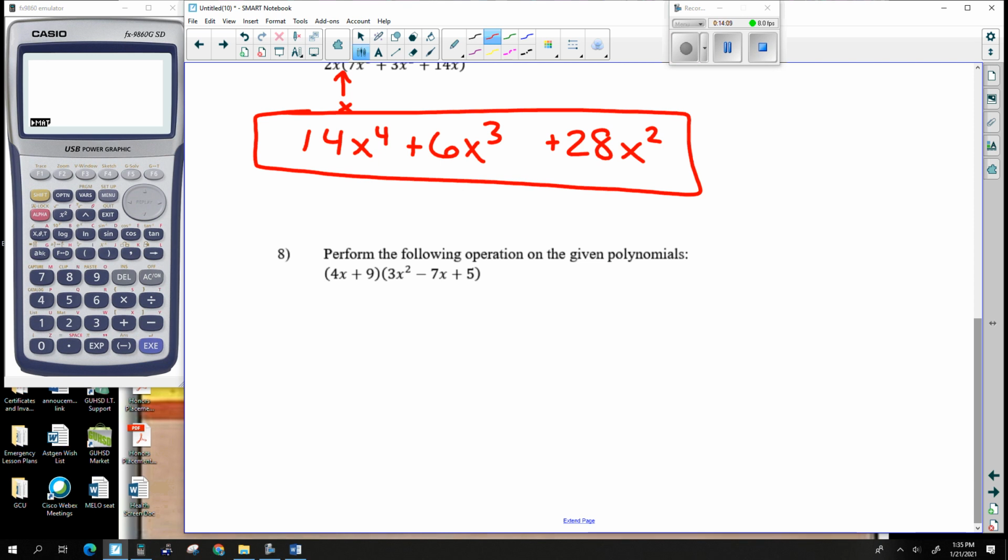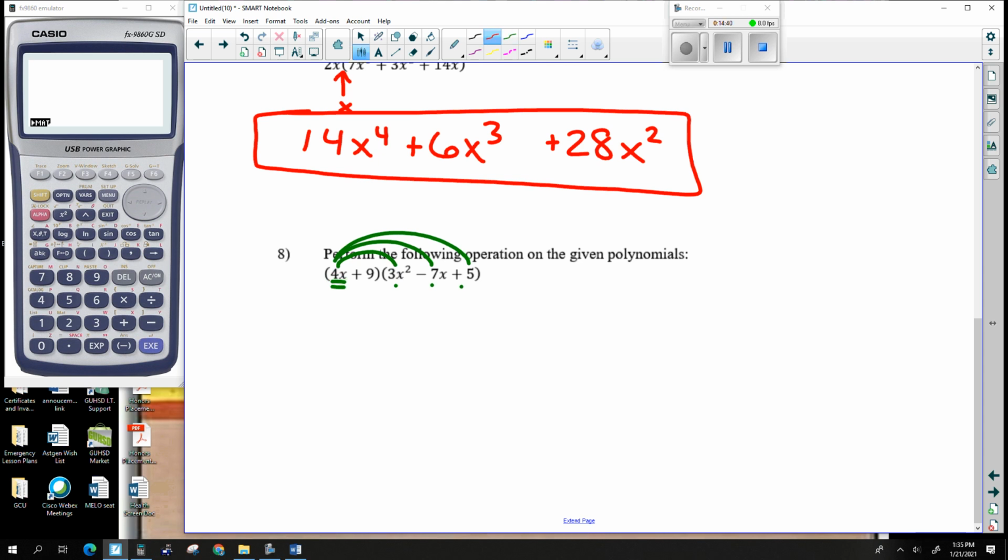All right, now here, I notice that I am multiplying, again, a polynomial with a polynomial. Now, I know we talked about this in Unit 0, but in case you missed the boat on that one, what you do is this. You take the first term of the first parentheses and you multiply everything of that next parentheses. So 4x, I'm going to multiply that with 3x squared, negative 7x, and positive 5.